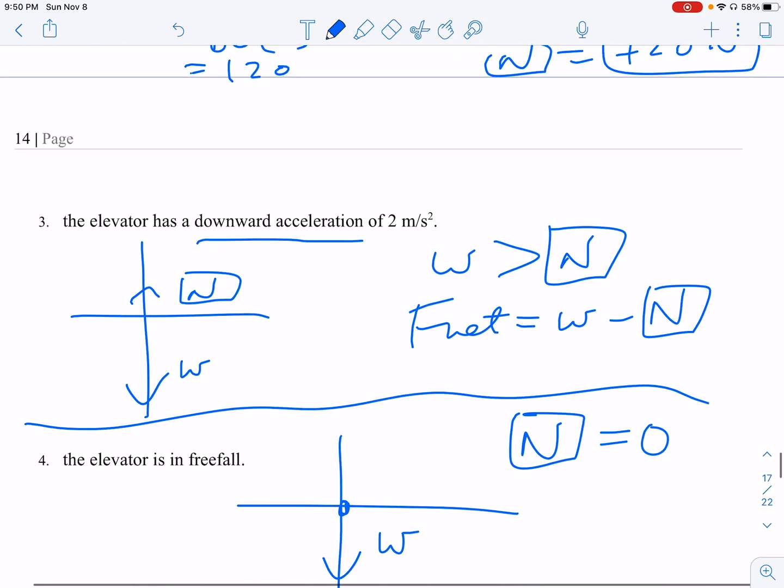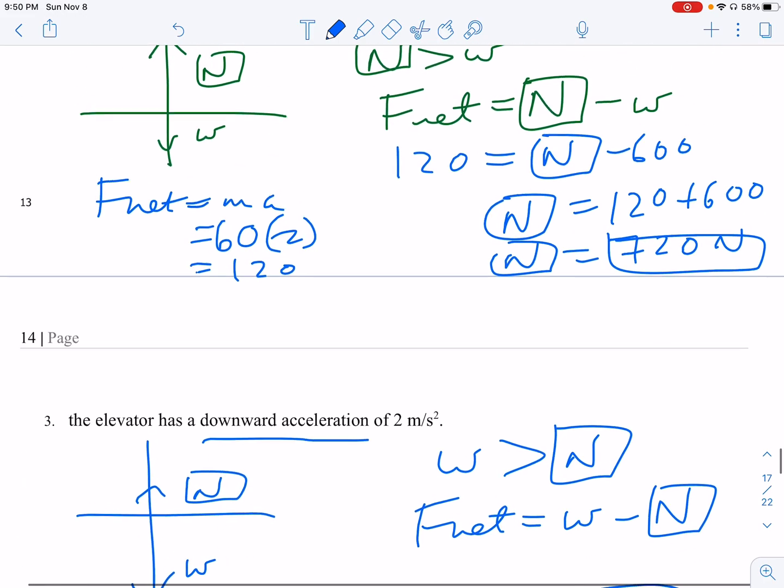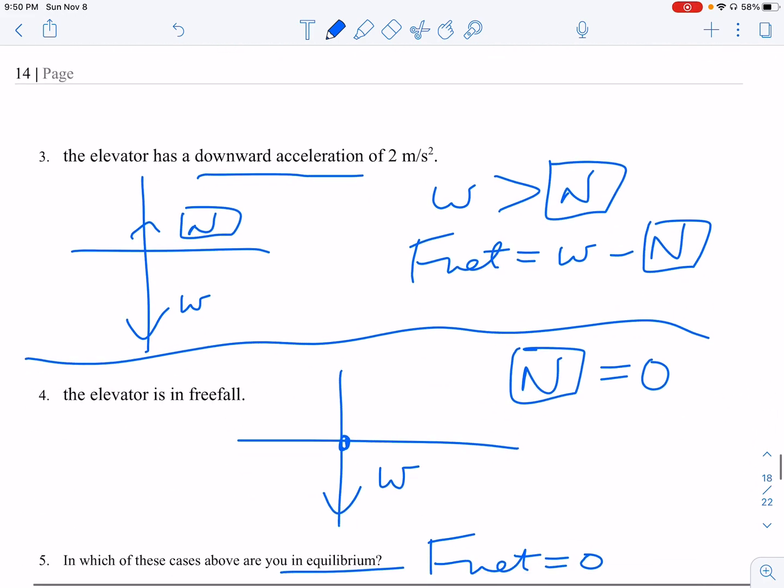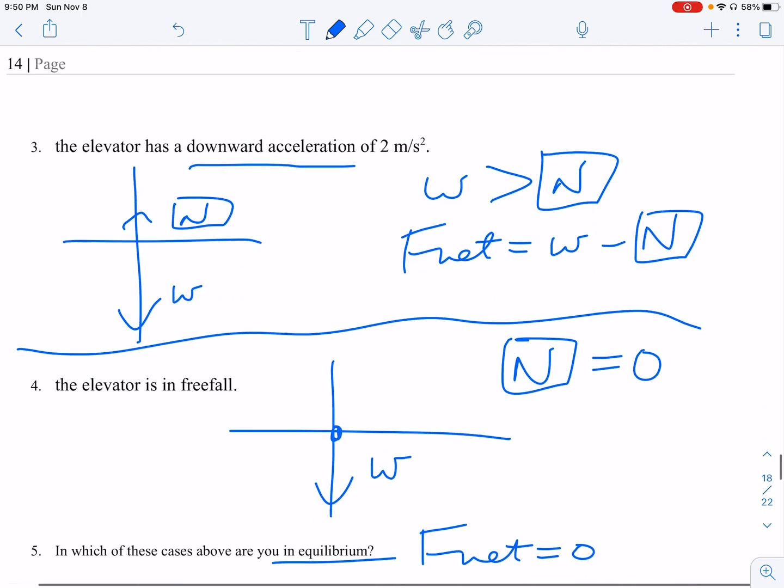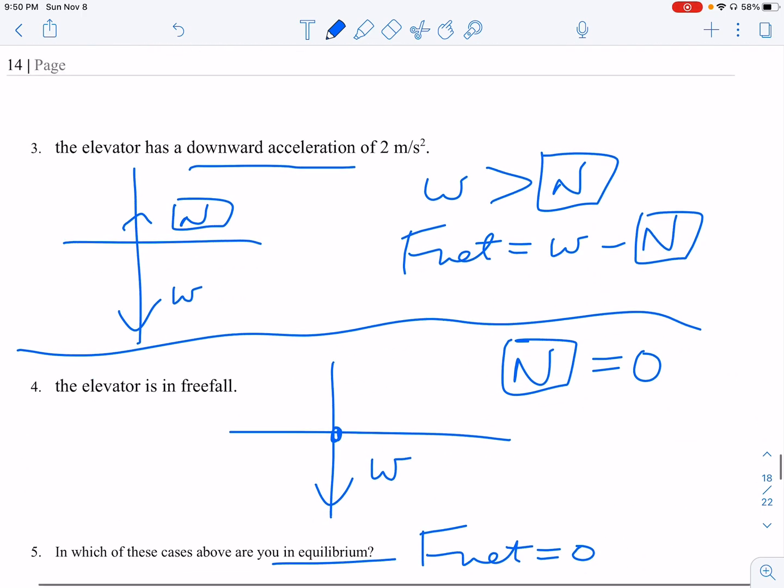Okay, this one. So we had the same acceleration too, but it's downward. So I'm not going to do the work again.